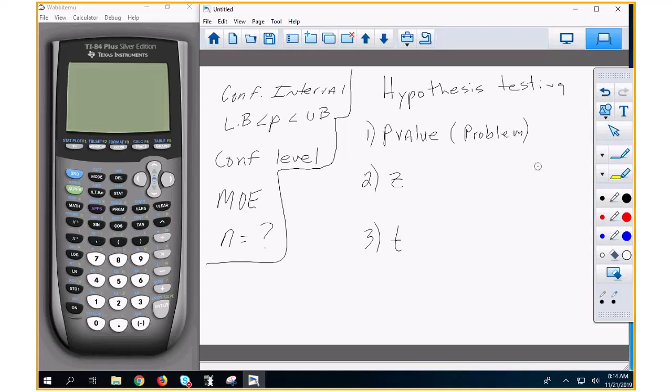Okay? A p-value means that if they put a homework problem up, or I give you a test problem, they're going to say find the p-value. That's fair enough. And then you find the p-value. That's a different method. I don't even think we've gone over it. We're going to go over it today. Because in all of those dang slides, you can't tell what they're doing because of all the writing they got. So we just put the slides away.